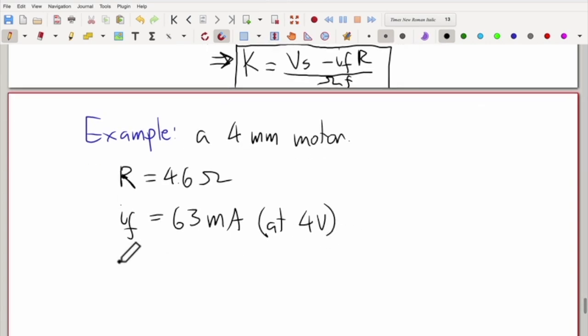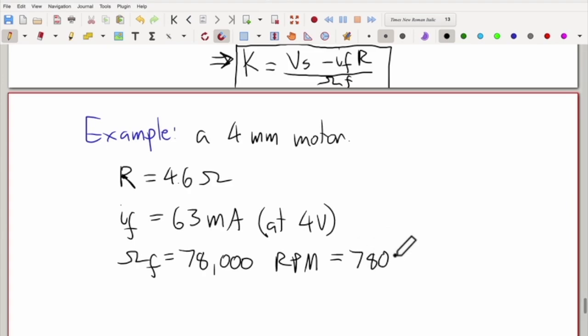And using a high-speed camera, we got that the free running speed was 78,000 RPM. Now, RPM is convenient for recording videos because it talks about rotations and minutes. But the math we've been doing has been in radians per second, so we need to convert that. That equals 78,000 times 2 pi over 60 radians per second.